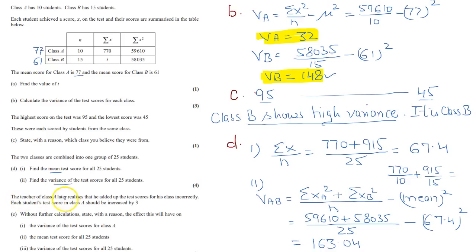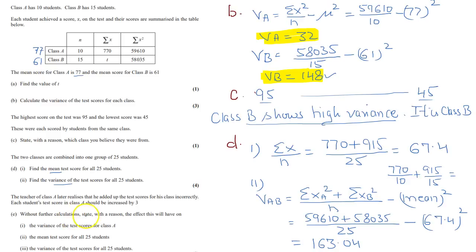The teacher of class A later realizes that he added up the test scores for his class incorrectly. Each student's test score in class A should be increased by 3.